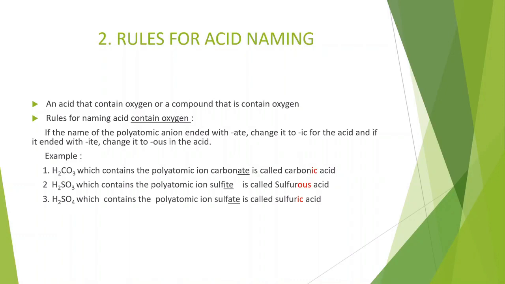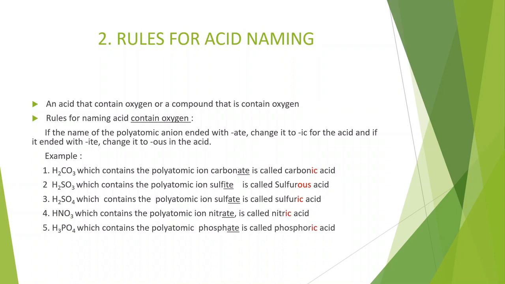H2SO4, which contains the polyatomic ion sulfate, is called sulfuric acid. HNO3, which contains the polyatomic ion nitrate, is called nitric acid. H3PO4, which contains the polyatomic ion phosphate, is called phosphoric acid.